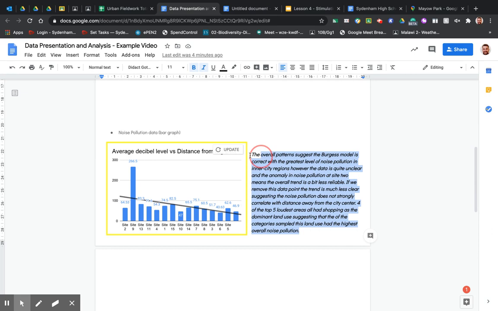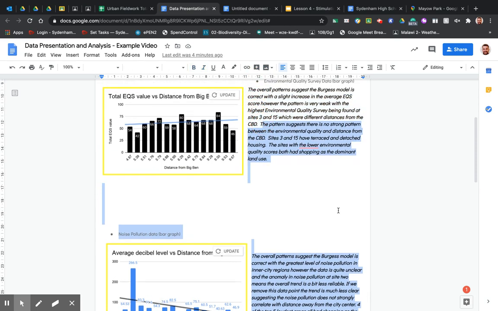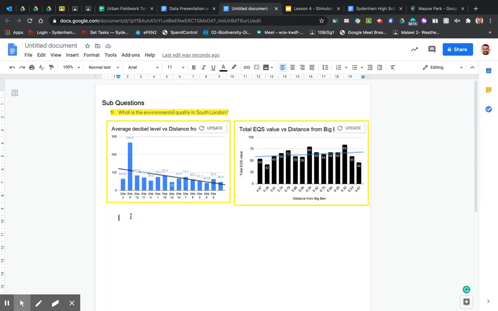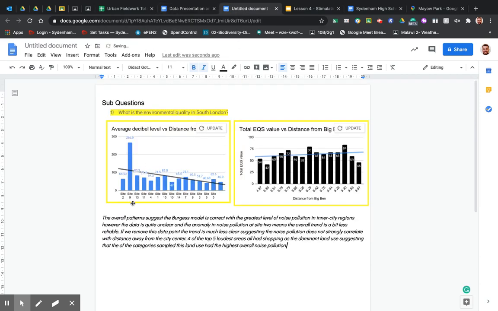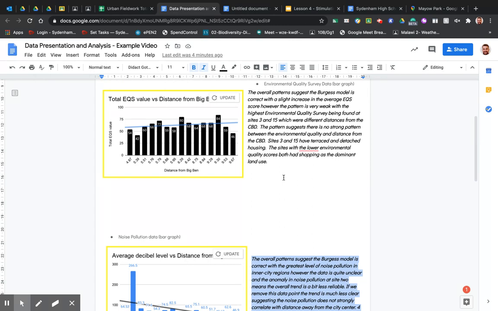So I can use this if I've done it. So I can copy and paste these in and have it. These are probably a bit more detailed than we'd necessarily need to go. So this one's for noise. This one is for environmental quality survey.